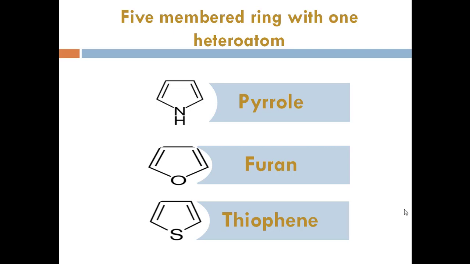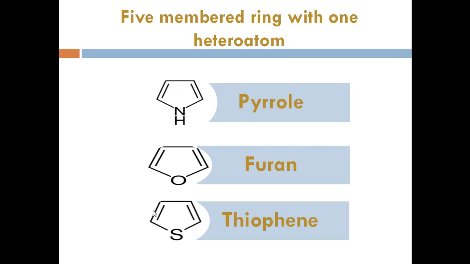And let's talk about the aromaticity. See, in all these structures there are 2 pi bonds, that means 4 pi electrons, right? And 1 lone pair of electrons on nitrogen, oxygen and sulfur, right?